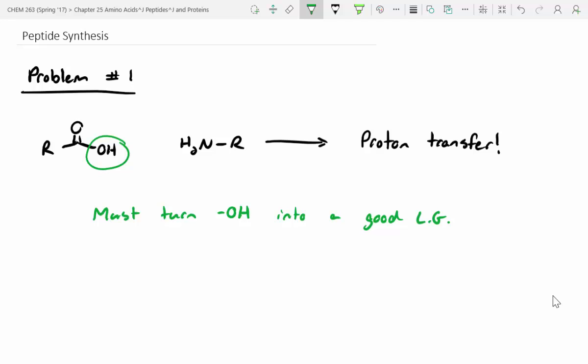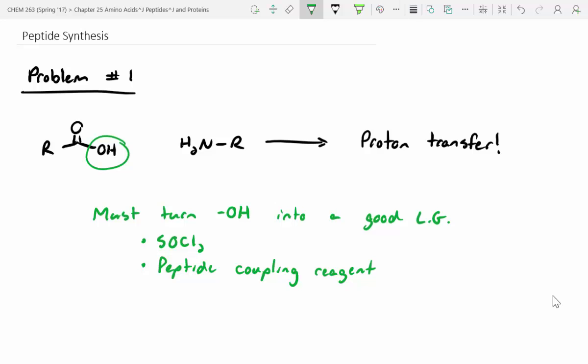And there's a couple different ways you can do this. You can use thionyl chloride, which we saw, so SOCl2, or you can use a peptide coupling reagent. There are dozens and dozens and dozens of peptide coupling reagents out there. I'm just going to show you one of them to give you an idea of how they work.